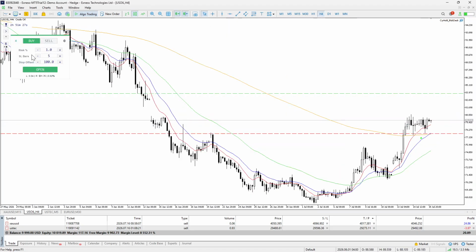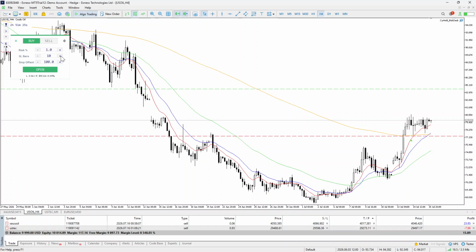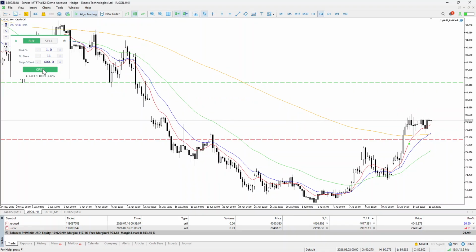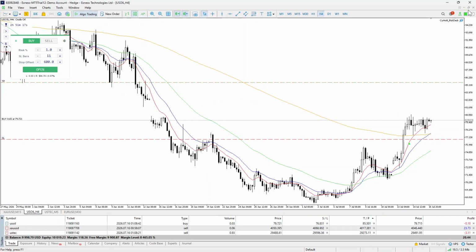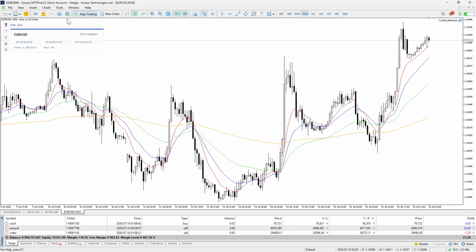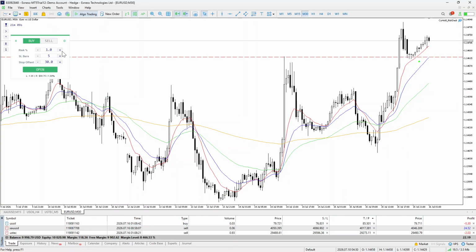Here I will open a buy with a little more leeway to the trade. And here another trade. Here I will open another buy. I will risk a bit more.